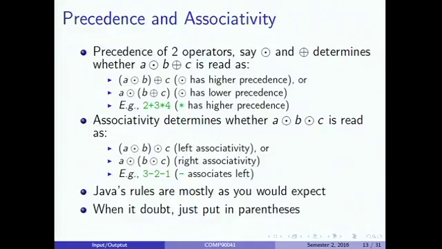So if I have A dot B plus C, it could mean (A dot B) plus C, or it could mean A dot (B plus C). And so which will it be? It depends on the relative precedence of dot and plus. Which operator takes precedence over which other operator?